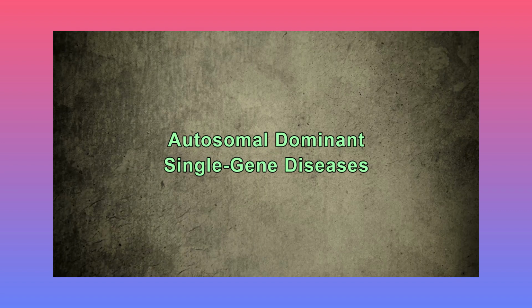Dear students, let us now discuss the autosomal dominant single gene diseases. Autosomal dominant single gene diseases occur in individuals who have a single mutant copy of the disease-associated gene. In this case, the presence of a single non-mutant or wild type copy of the gene is not enough to prevent the disease.